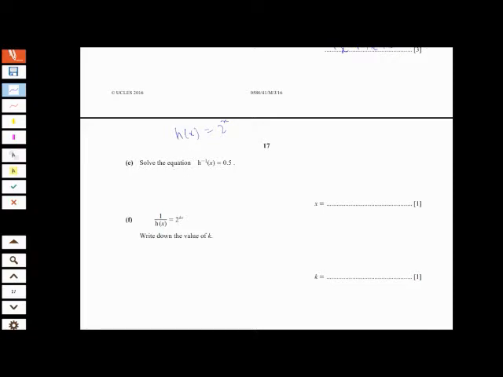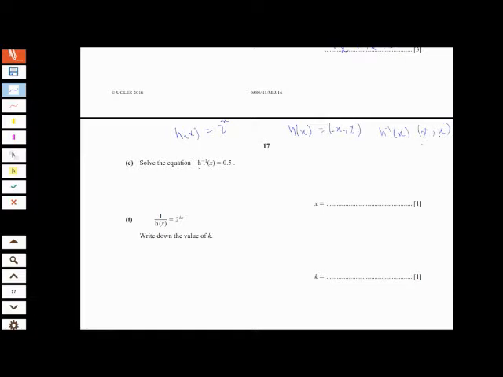Yes, you shouldn't need to know how to find the inverse of the exponential function, but what you should know is the relation between h inverse and h. So basically h has x and y, and h inverse is going to be y and x. They switch sides.